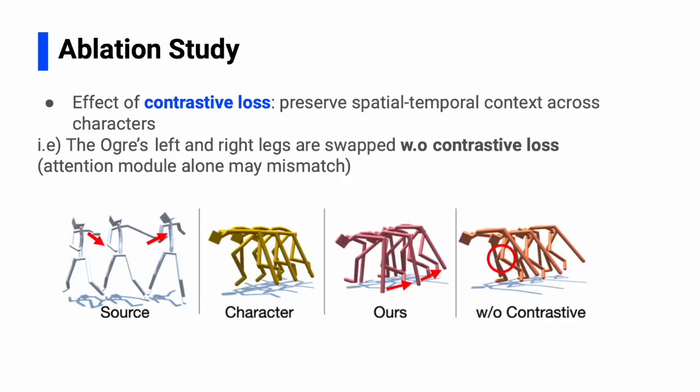Next, authors conducted an ablation study removing contrastive loss. The effect of contrastive loss was preserving spatial and temporal context across characters, and this is shown by experimenting with a model without contrastive loss. The ogre's left and right legs are swapped, which is because the attention module alone may mismatch.